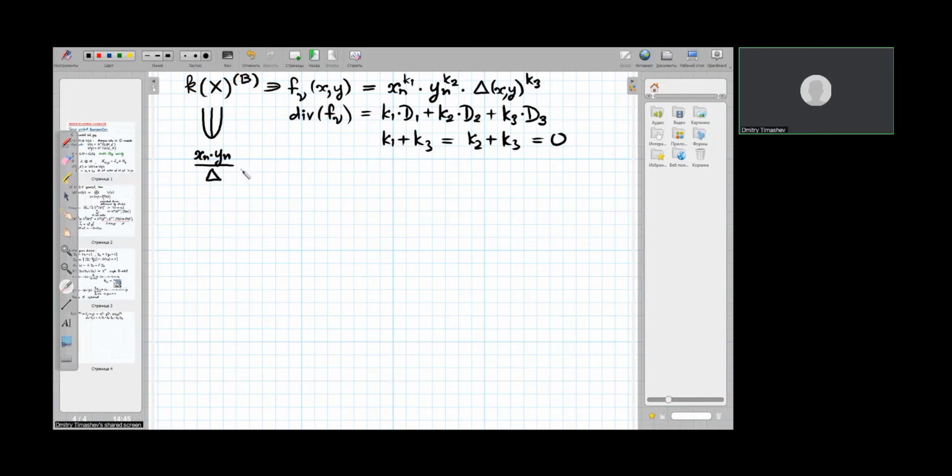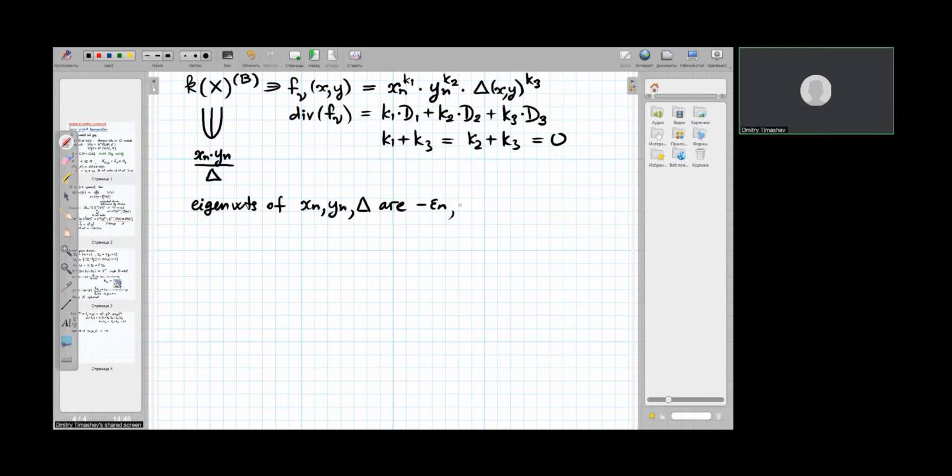And the eigenweight of this function can be computed easily, because what are the eigenweights of xn, yn, and delta? The eigenweight of xn is minus epsilon n.